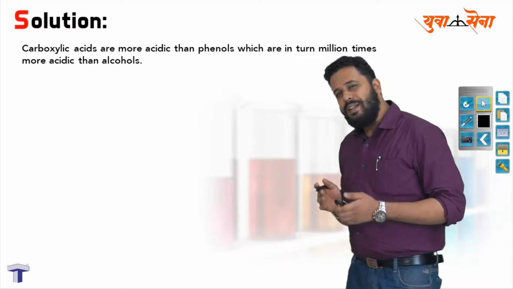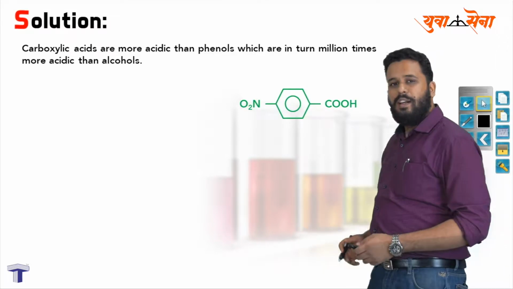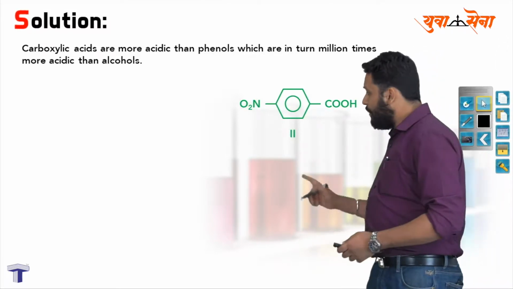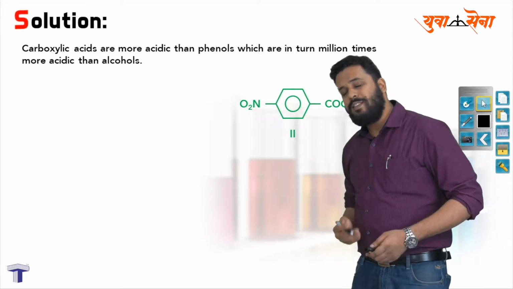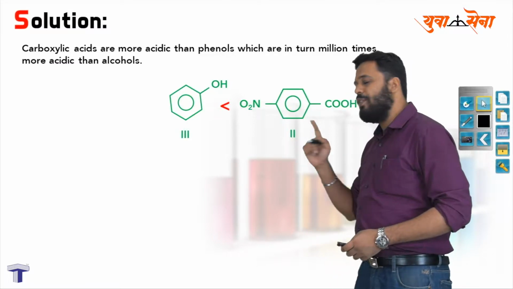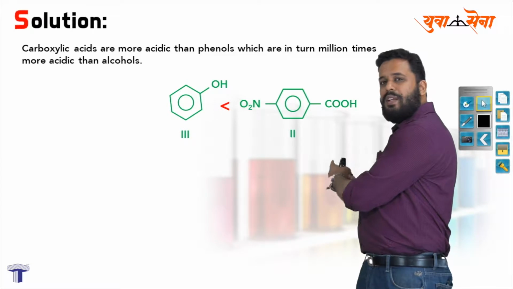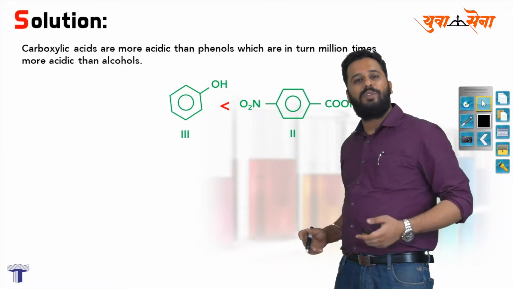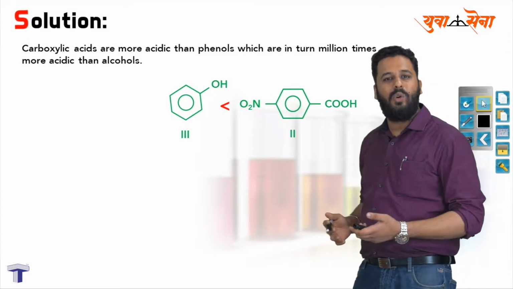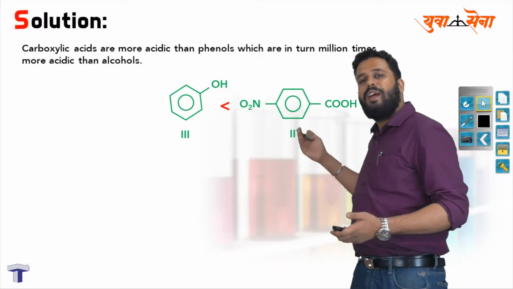That makes things a little easy for us because here we have a carboxylic acid, that is structure number 2. Structure number 2 is going to be more acidic than the phenol which is given to us in structure number 3, because this is a carboxylic acid. You can see the carboxylic group here, COOH, and this is a phenol. So carboxylic acid is more acidic than a phenol.